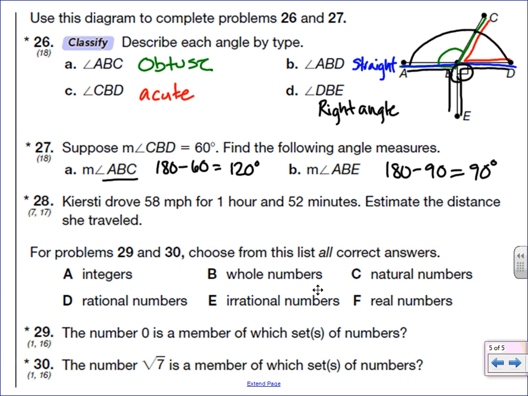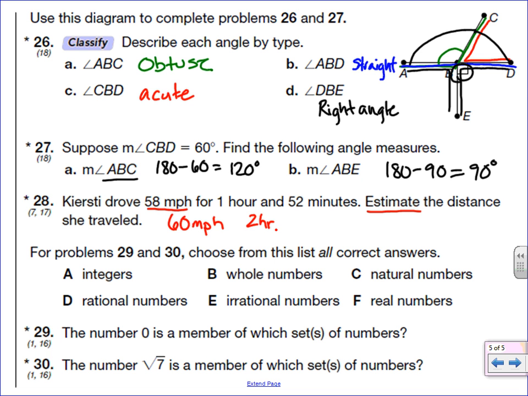Number 28 says Kirsty drove 58 miles per hour for 1 hour and 52 minutes. Estimate the distance she traveled. So since they say the word estimate, we're going to use some rounding. I look at 58 miles an hour, and it would be a lot easier if we called it 60. And then 1 hour 52 minutes is pretty close to 2 hours, so we'll call that 2 hours.